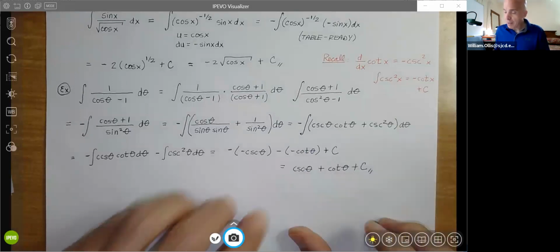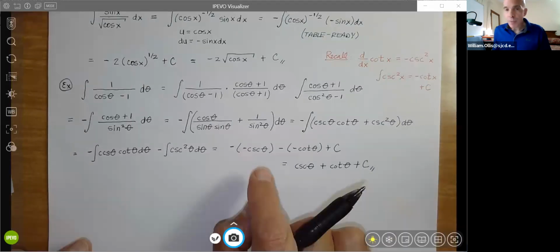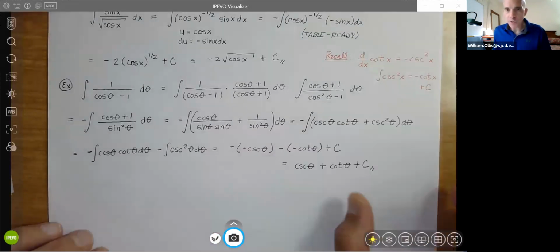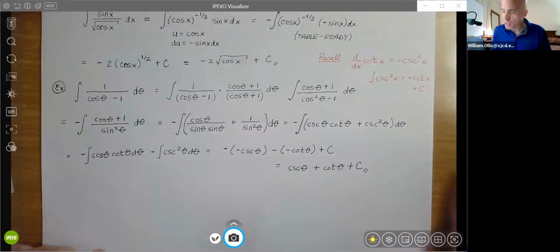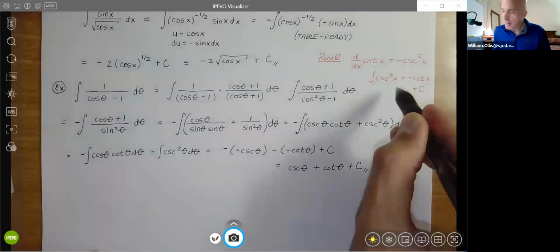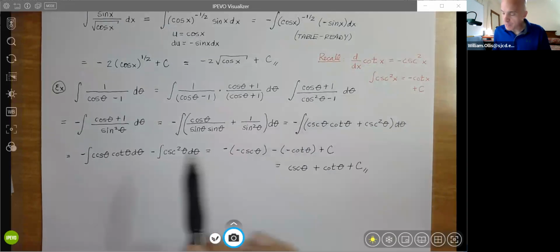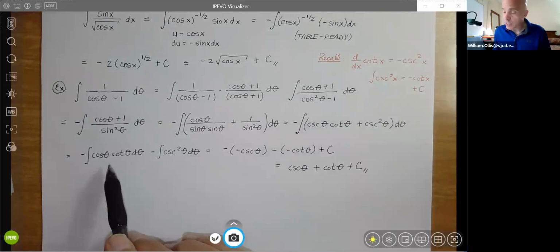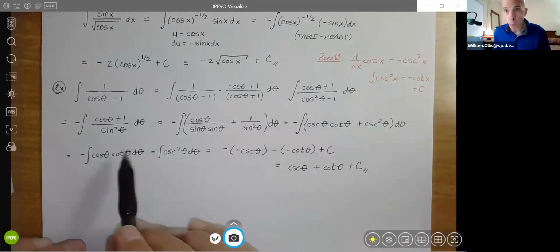Now, again, the best way to remember these basic integral formulas from your Calculus 1 class is just to think about the derivatives. Again, the derivative of the cosecant is the negative cosecant cotangent. So that's how we get this particular form here.